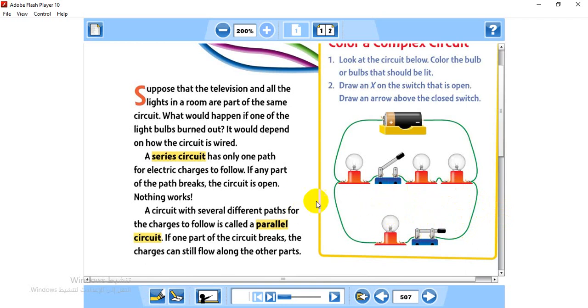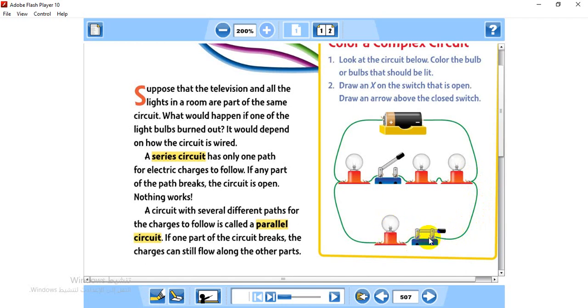This is the first loop and this is the second loop, the top and the bottom. So this one is independent from this one. So what will happen here? The charge will move easily from here to the bulb light here.